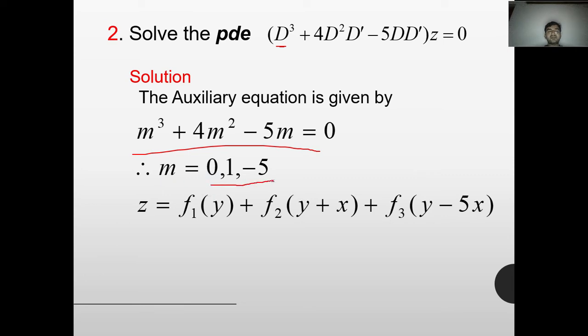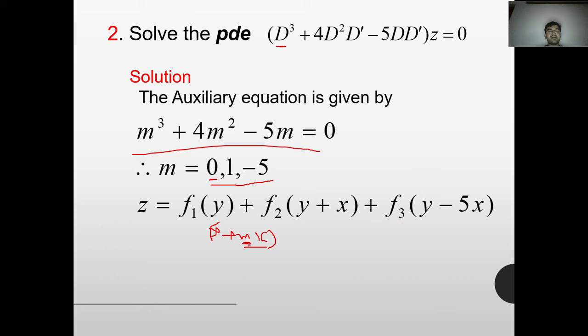So z is equal to f1 of y plus mx, where m is equal to 0, so this term becomes f1 of y, plus f2 of y plus x, where m is equal to 1, plus f3 of y minus 5x, where m is equal to minus 5.